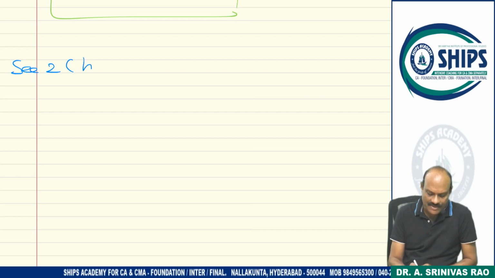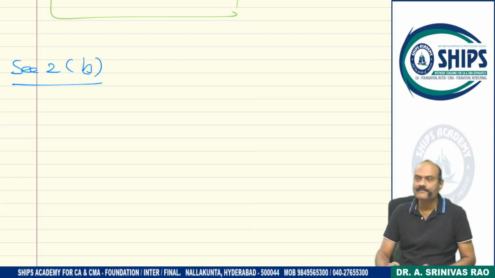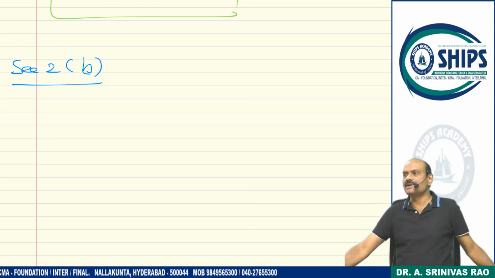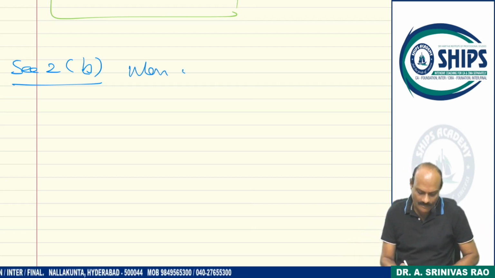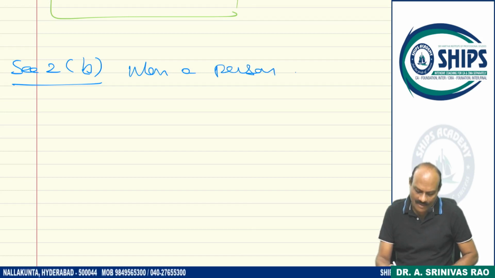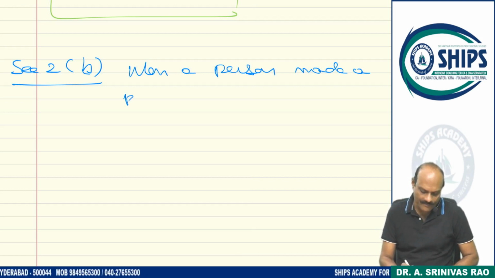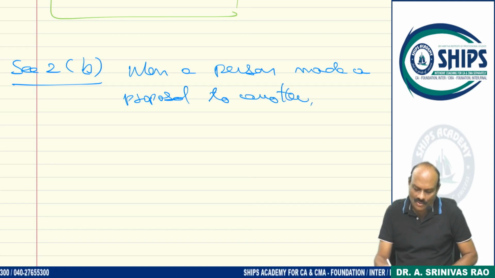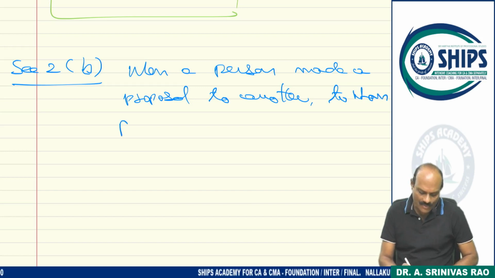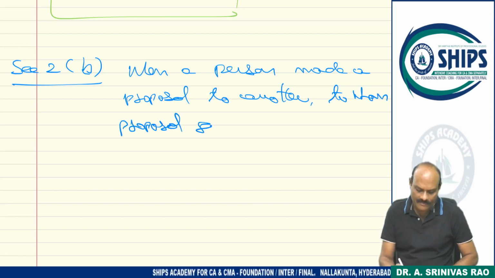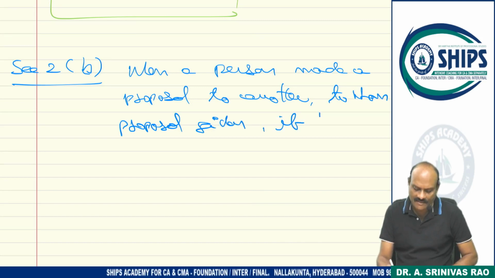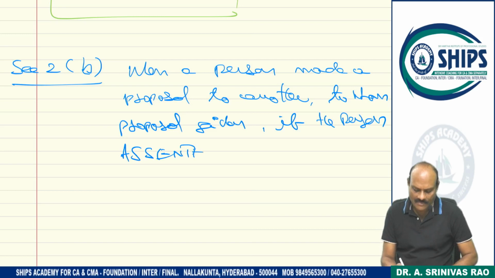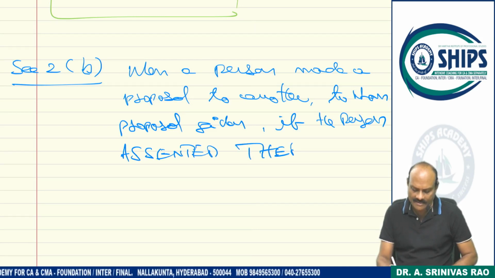According to Section 2(b), promise means when a person makes a proposal to another, to whom the proposal is given, if the person assented thereto.